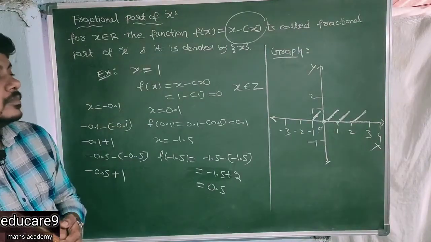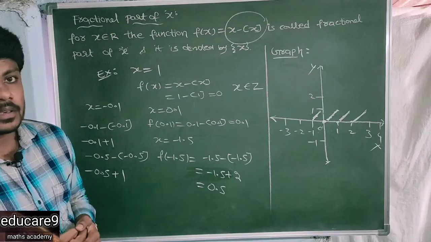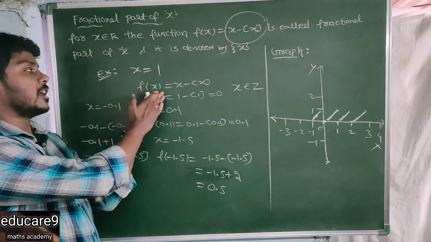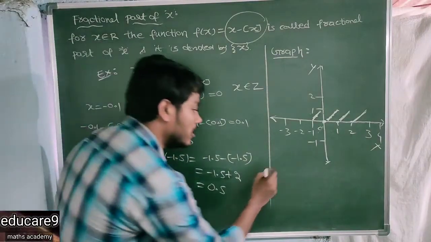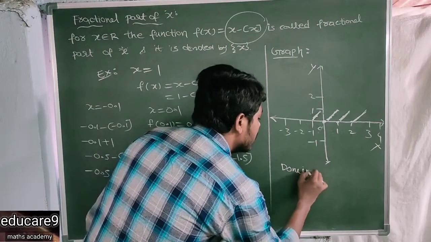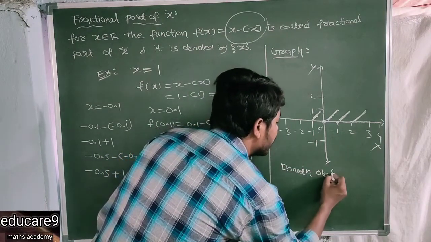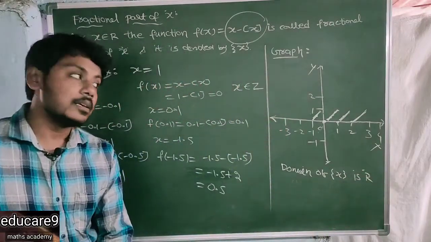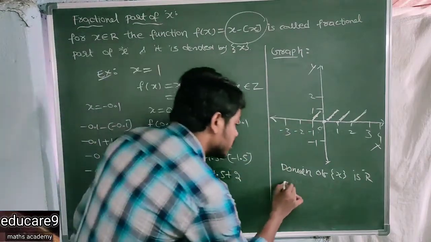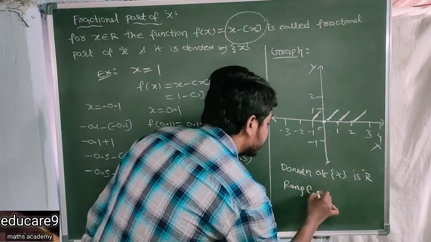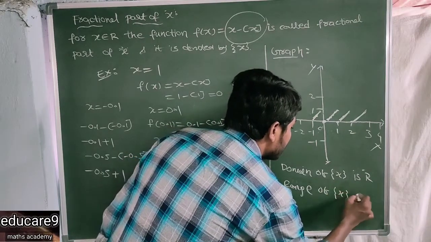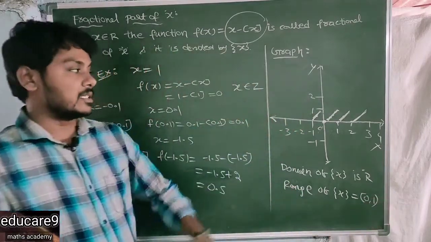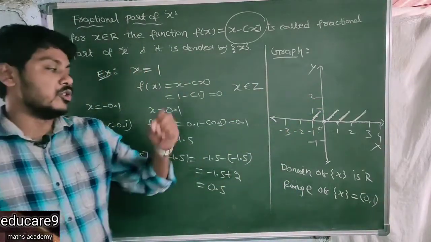So what is the domain of this function? Clearly R, because for every value of x, the fractional part of x is defined. Therefore, the domain is R. But what is the range? The range is the closed-open interval 0 comma 1, because 1 is not coming, it goes up to 0.999.